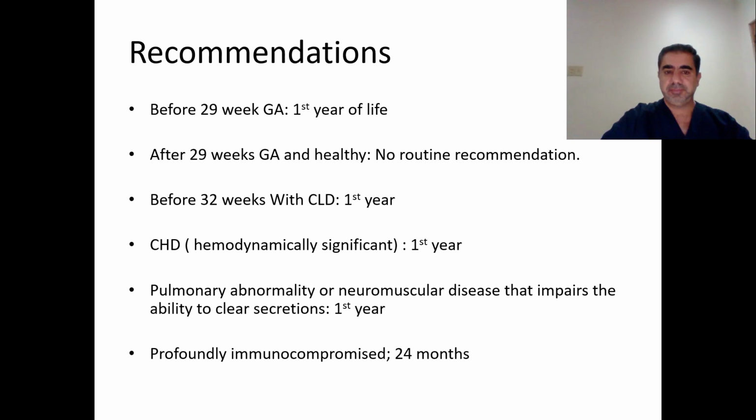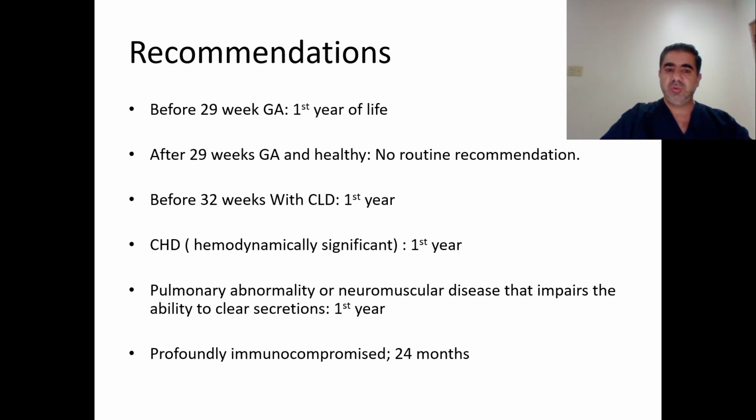The recommendations. Now, this is the most important part of the lecture that you need to memorize, but if you cannot, please keep a reference that facilitates the referral of these kids for RSV prophylaxis. Any baby who is delivered before 29 weeks gestation and who is less than 1 year old when approaching the RSV bronchiolitis season is a candidate for the RSV prophylaxis.